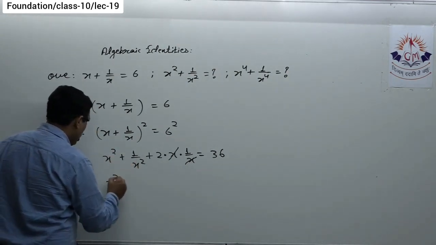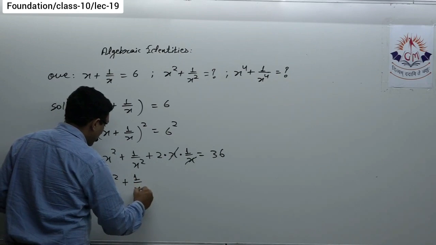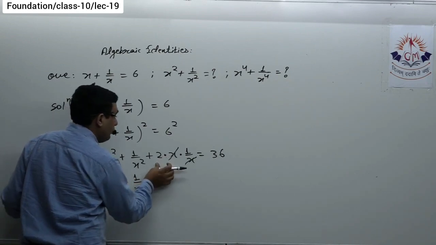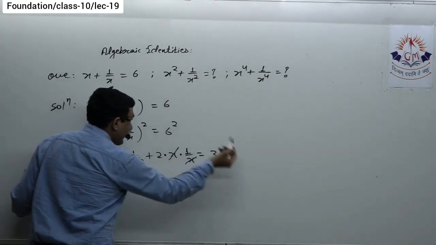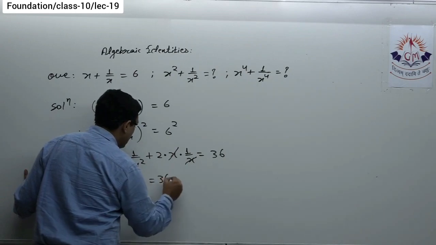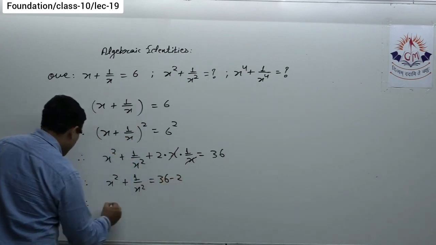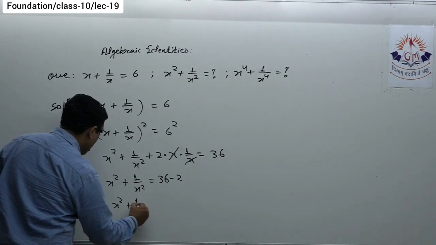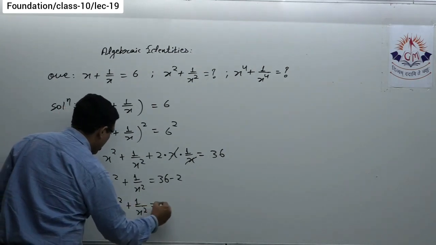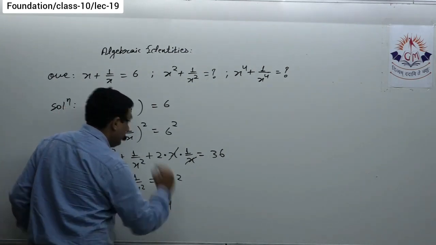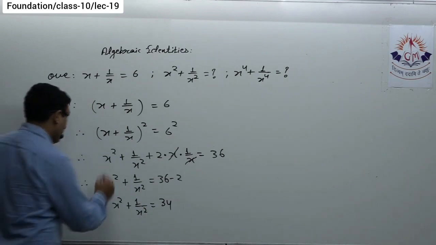So I write this as it is, and this 2 I take on that side, so I get 36 minus 2. So I obtain the final value: x square plus 1 upon x square is equal to 34. This is my final answer for the first one.